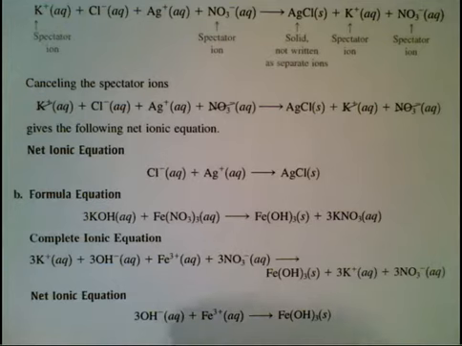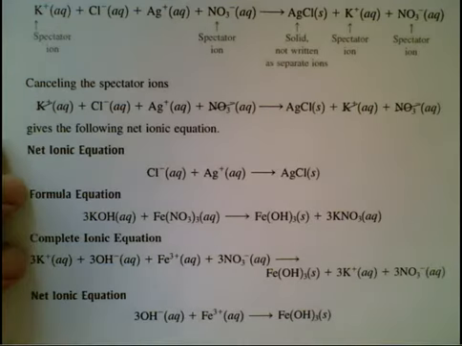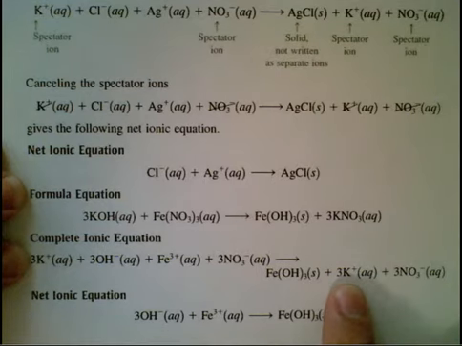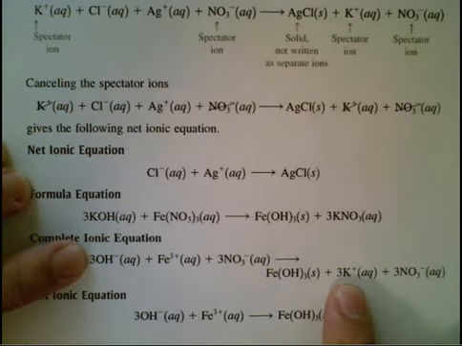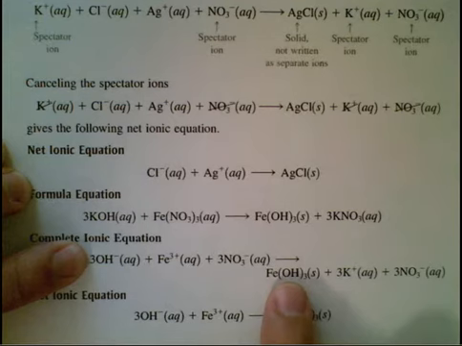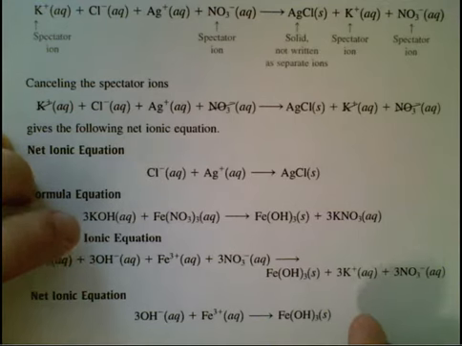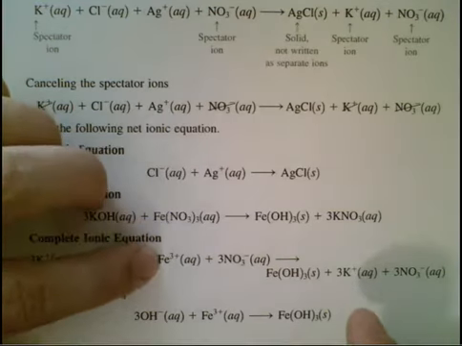Cancel out all the spectator ions. So that would be the K pluses, the 3 K plus aqueous. I have OH minus, but here are my OHs, and so OH has obviously undergone a change, so that's not a spectator ion. That definitely participates. Fe plus 3.